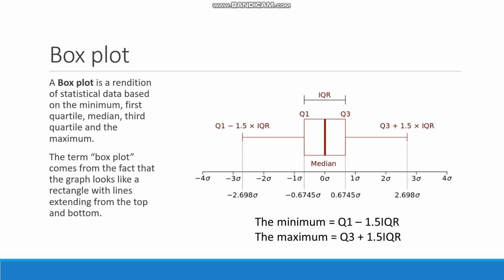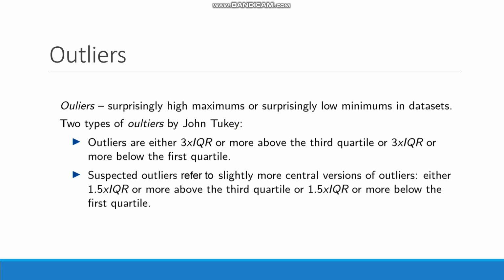Whiskers have edges that show the minimum and the maximum. Minimum is the lowest data point excluding any outliers. Maximum is the largest data point excluding any outliers. Outliers must be plotted as individual points beyond the whiskers. There are 2 ways to determine outliers according to John Tukey.